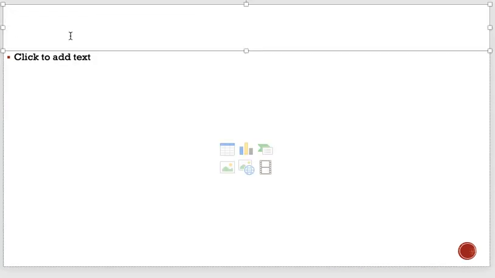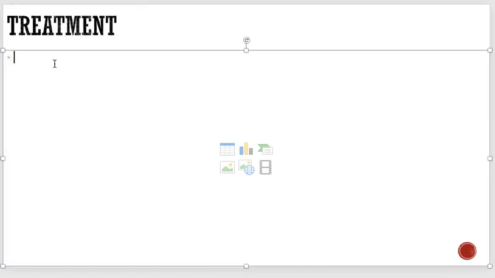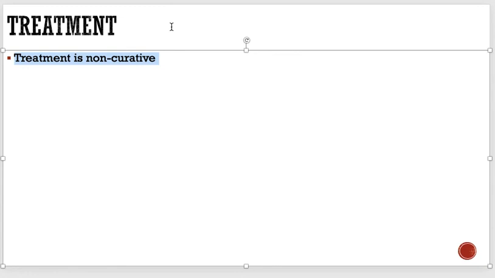The last thing which we have to study about this one is treatment, right? Treatment is non-curative. Sad and bad news, by the way, in the start. So when the treatment is non-curative, we should have treatment aims.